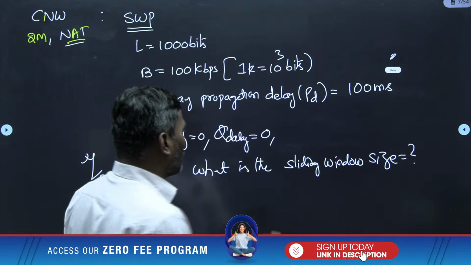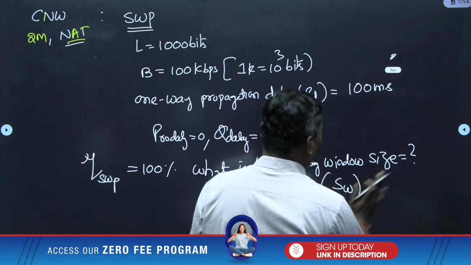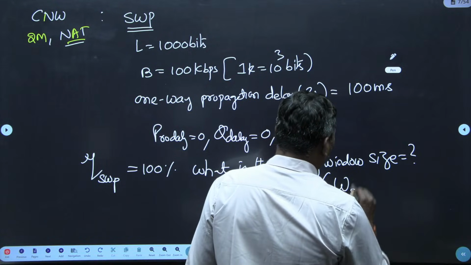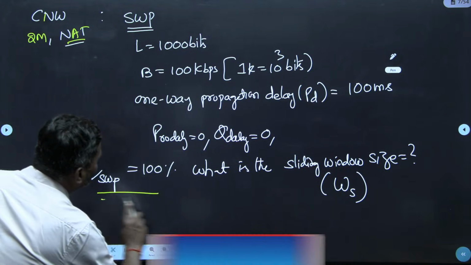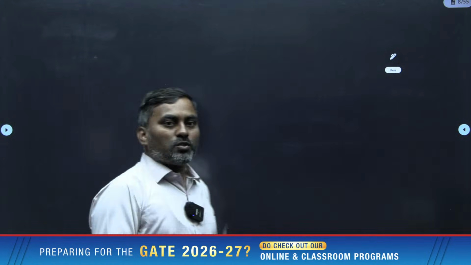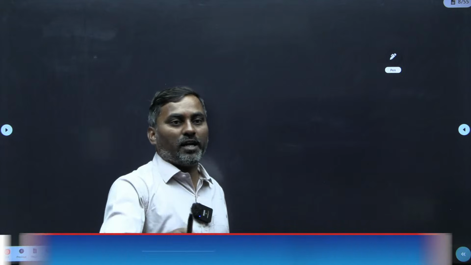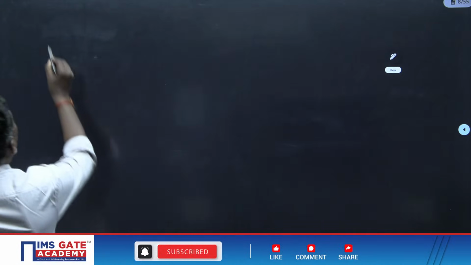Sliding window protocol, window size is nothing but sender window size only, right? Suppose I take W, the sender window size is asked. But one condition is given, efficiency should be 100%. To make the efficiency 100%, with a full window, we have to send continuously for the entire time. What is the total time generally?